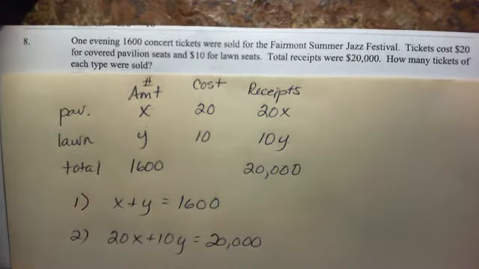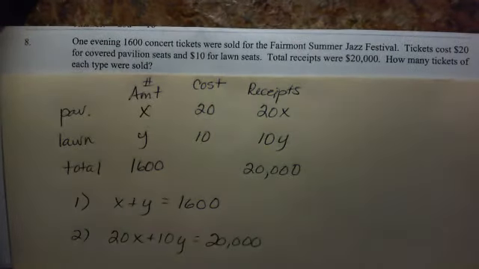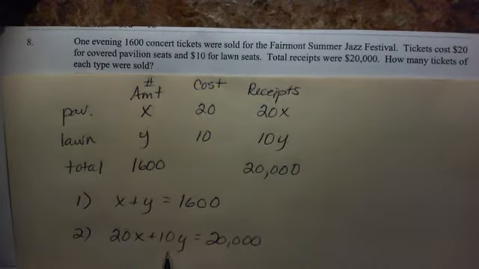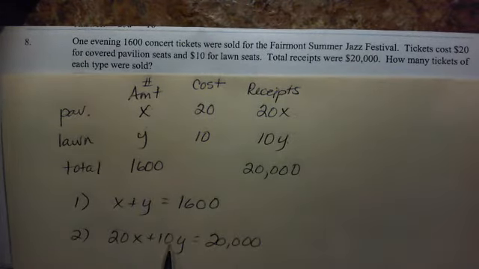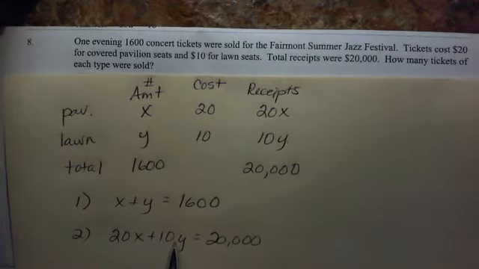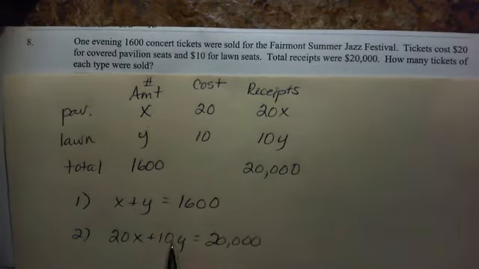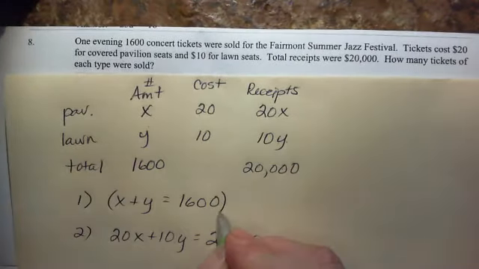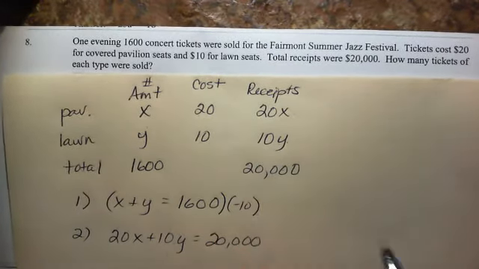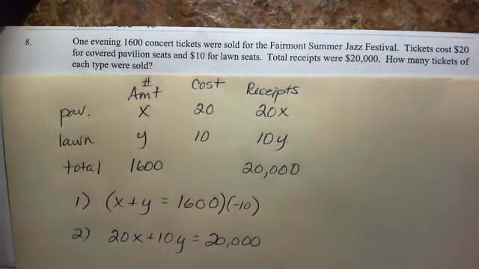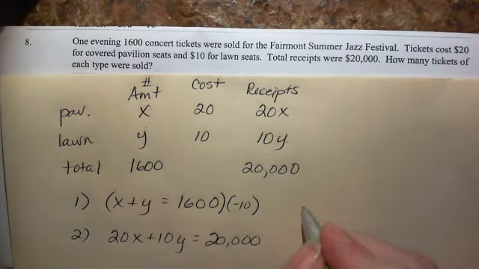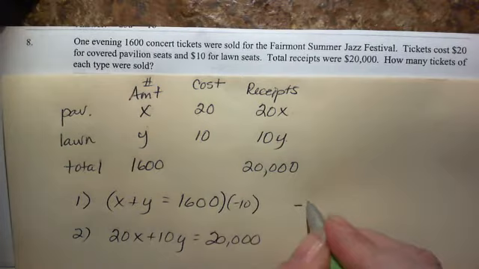Alright, now we have two equations and we can work with them to solve a system of two equations in two variables. So it looks like maybe a good idea to try to eliminate y if I could multiply to get a negative 10y. So I'm going to put this in parentheses to show that I'm going to multiply equation 1 by negative 10 and rewrite it here with that multiplication carried out.